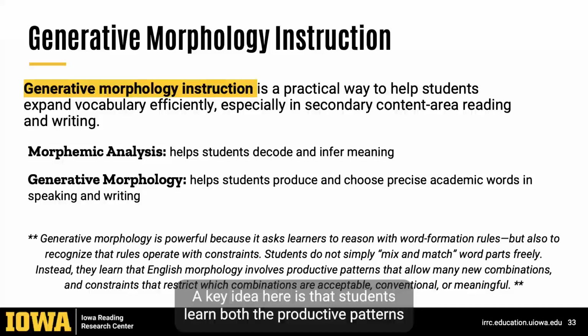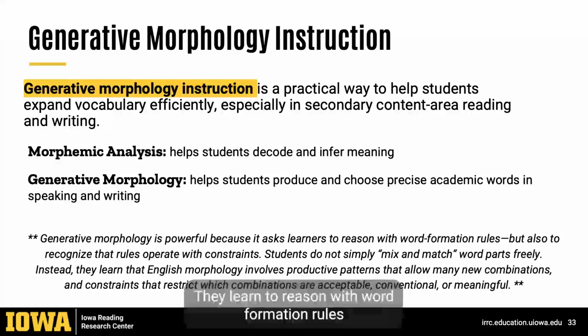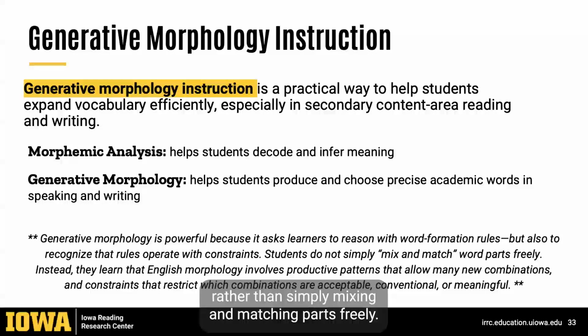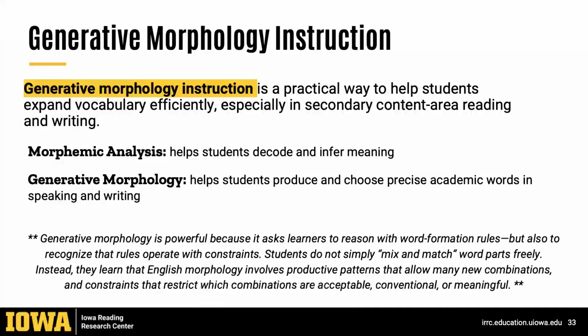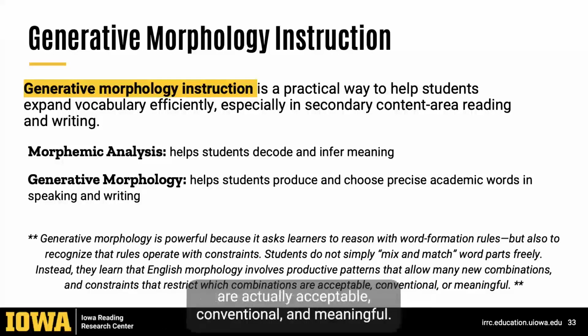A key idea here is that students learn both the productive patterns for building words and the constraints that limit certain combinations. They learn to reason with word formation rules rather than simply mixing and matching parts freely. Ultimately, this helps them understand which combinations are actually acceptable, conventional, and meaningful.